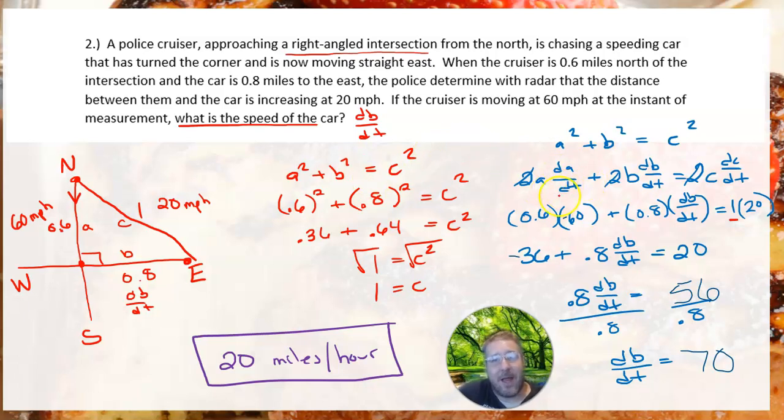So it's very important that dA/dt is -60. It won't say that in the question because it'll say the cruiser is moving at 60 miles per hour. But since it's moving south, you have to make sure you make it negative. Otherwise, you're going to get a completely wrong answer and it won't make any sense. Now, the car itself is moving east, and east, of course, velocity is always positive.